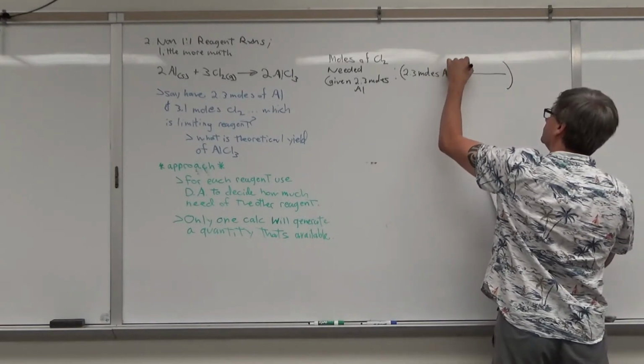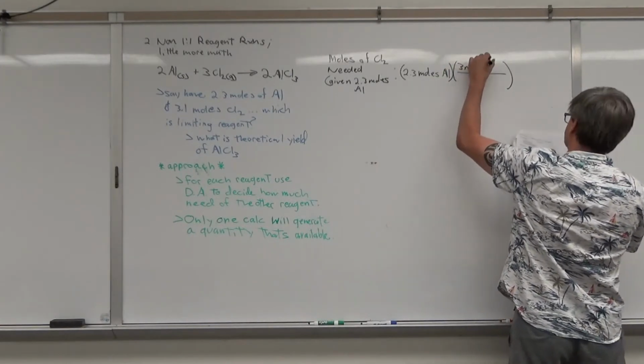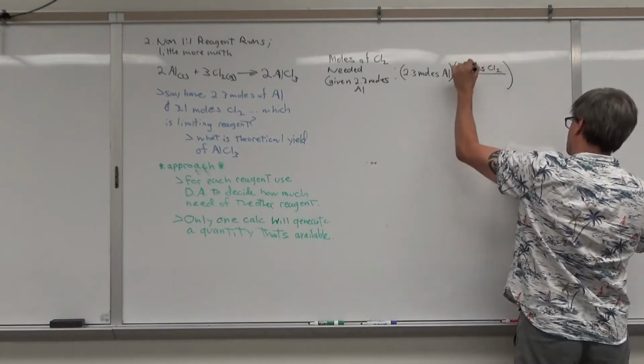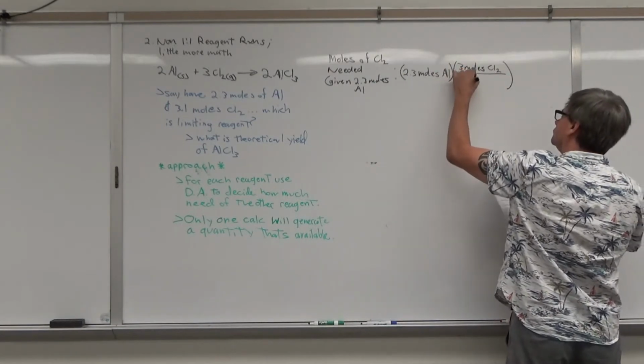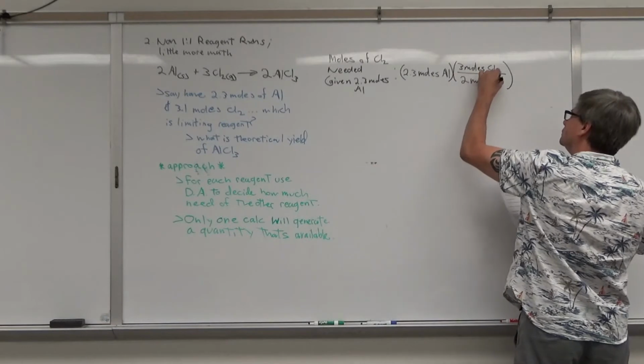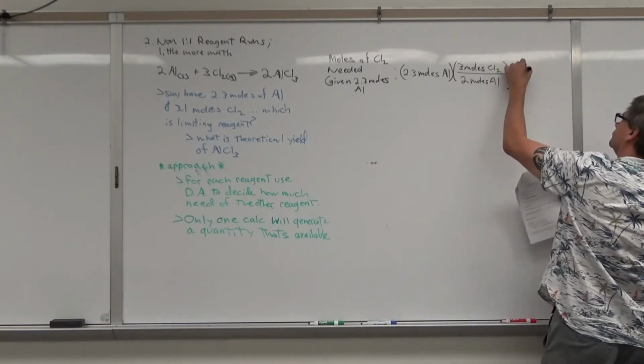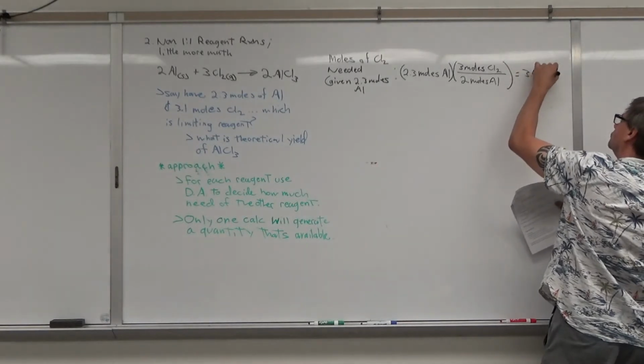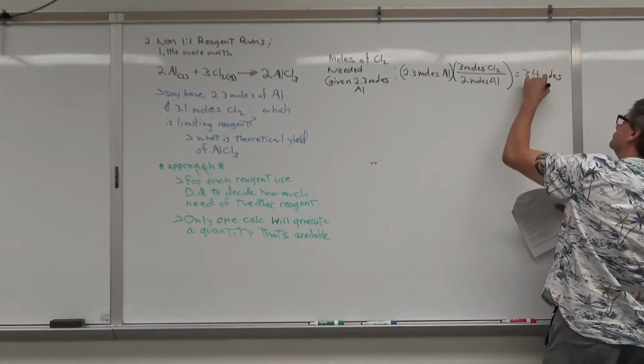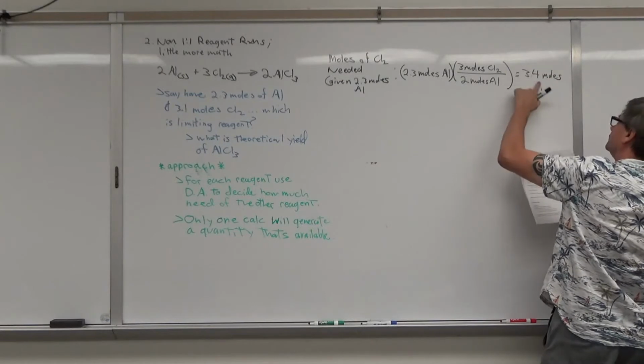For every 3 moles of chlorine, you need 2 moles of aluminum. That's going to give you 3.4 moles of chlorine, sorry.